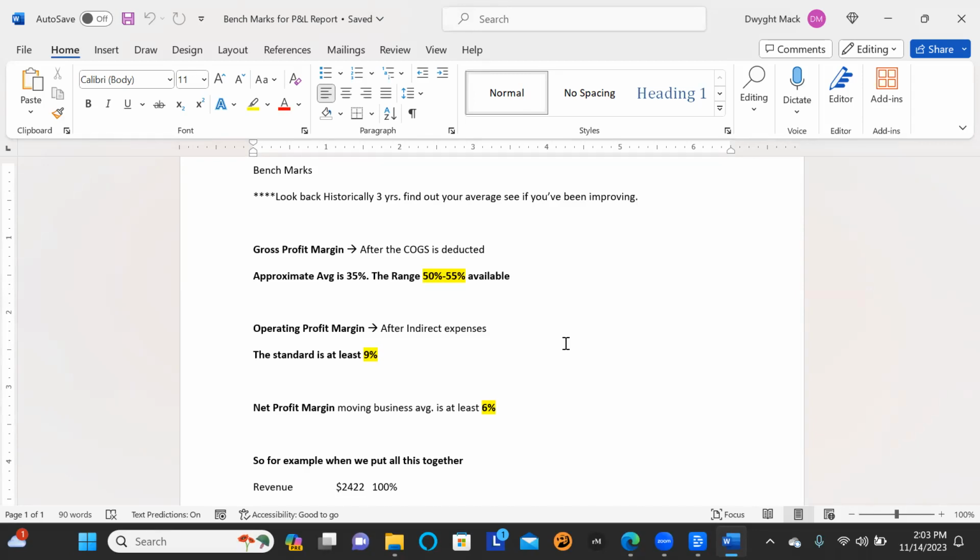But to continue, after your revenue, you're going to have your cost of goods sold, which is formerly known as your COGS. That's going to make up things like your fuel expense, if it's related to a job. It's going to make up things like the movers' direct pay, because you need the movers to be able to generate the revenue.